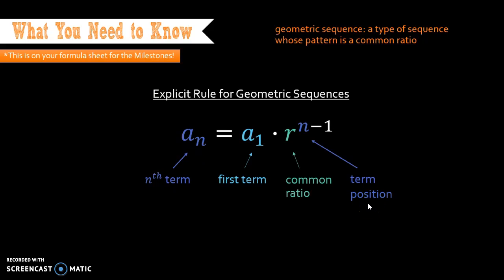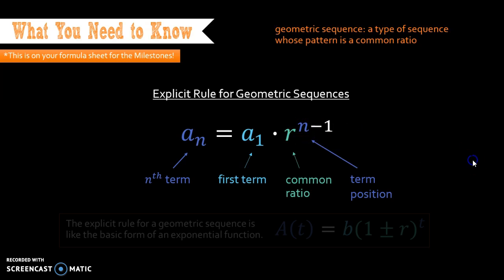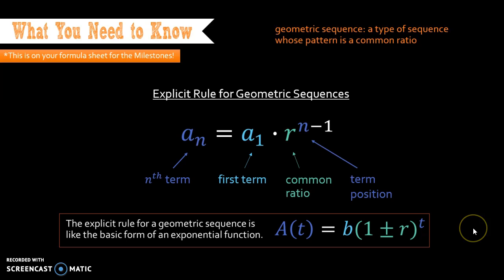So for example, if you wanted the 7th term or the 20th term, that would be a number that you plug in right here. When we're leaving it really generic and just writing the rule, we leave the n alone, but that's where you would plug in a specific value if a question's asking you to find a certain term. That's where you plug in the term number. The explicit rule for a geometric sequence is just like our basic form for an exponential function.